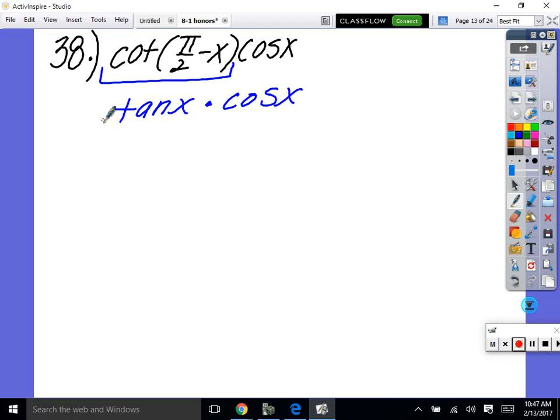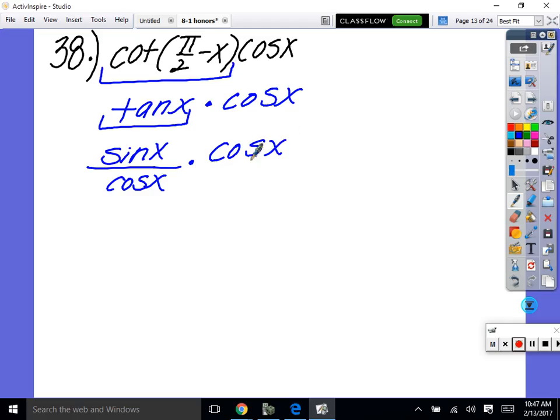What's tangent the same thing as? Yep, sine of x over cosine of x, times cosine of x. So now what does that simplify to be? Good, those divide out, sine of x. So who would have known that that simplified to be the same thing as sine of x, which is gorgeous compared to that bad boy.